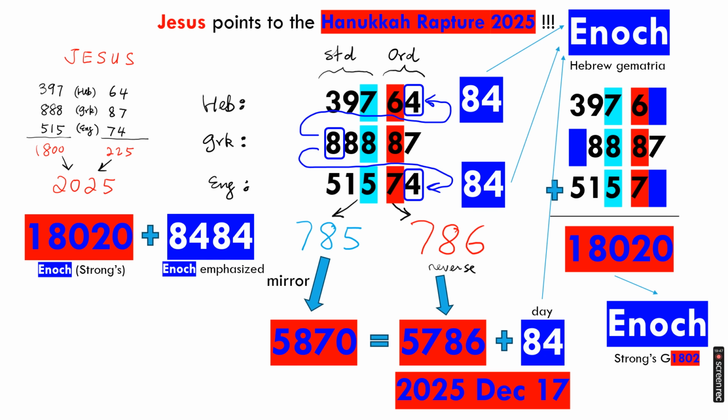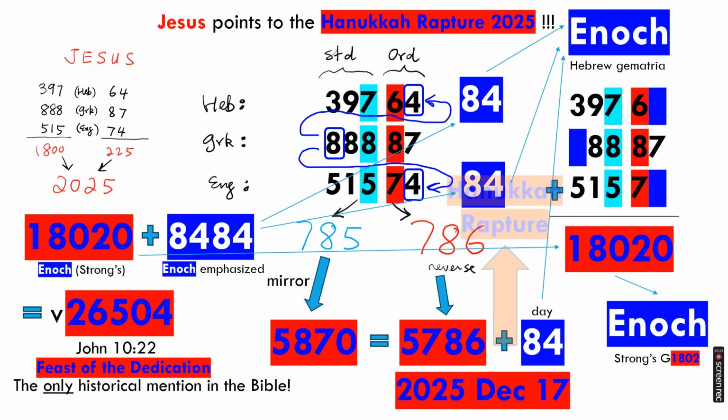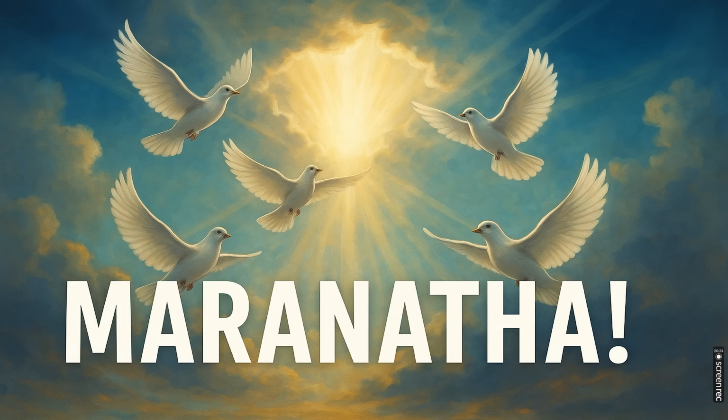If we add to 18020 the number 8484, all numbers derive from the Jesus gematria values or numbers. The sum points to John 10:22, which records the feast of the dedication attended by Jesus 2000 years ago. It is the only historical mention in the Bible. Thus, I therefore rest my case. Maranatha.